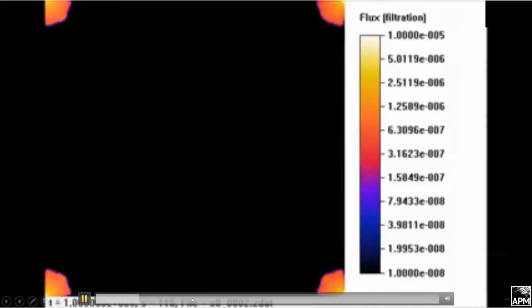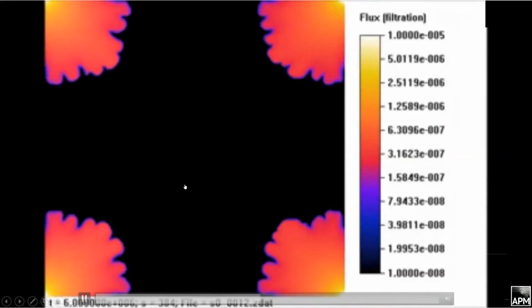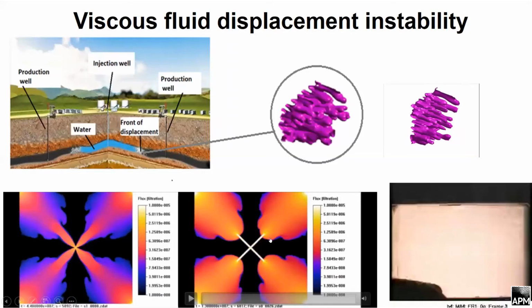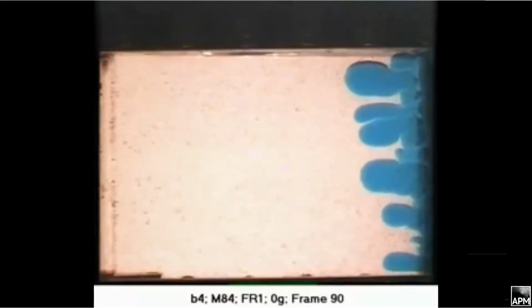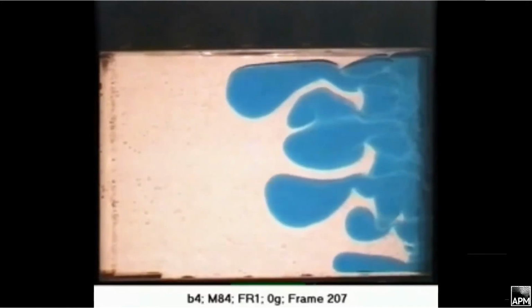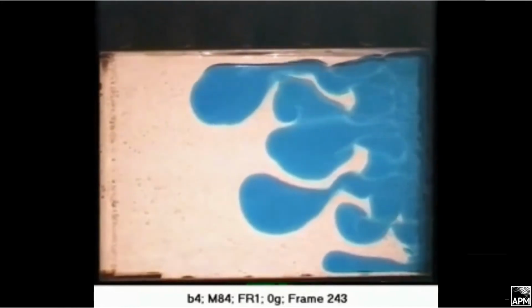In this simulation, in the center of the area there are also two hydraulic fractures. This video demonstrates the instability in a real experiment in the Hele-Shaw cell, which is the simplest model of porous medium.